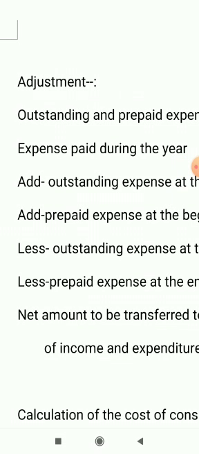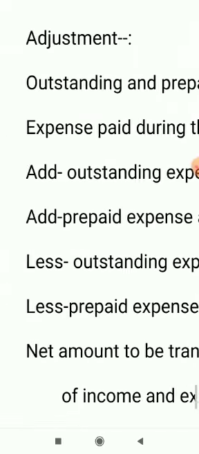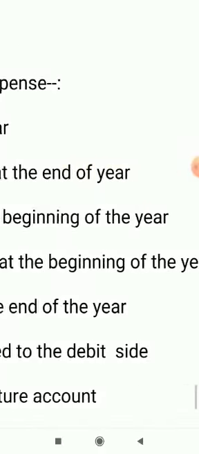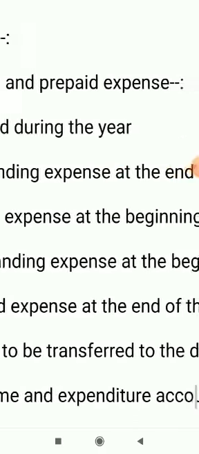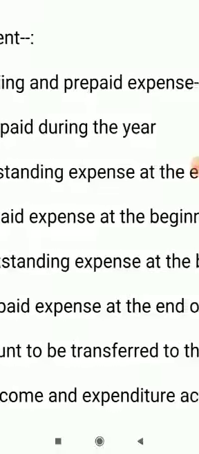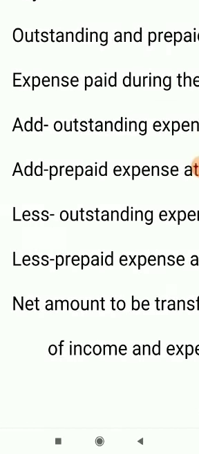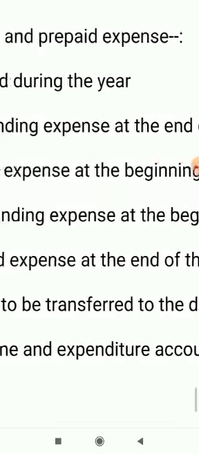How to present this outstanding and prepaid? Just see. First we write the expense paid during the year. Then add outstanding expense at the end of the year. After this, add prepaid expense at the beginning of the year.